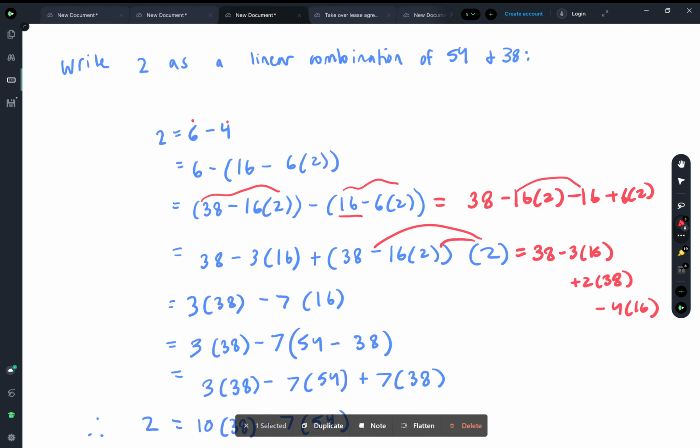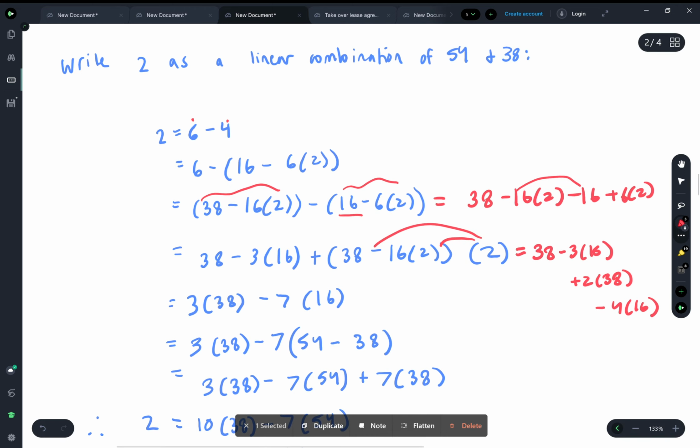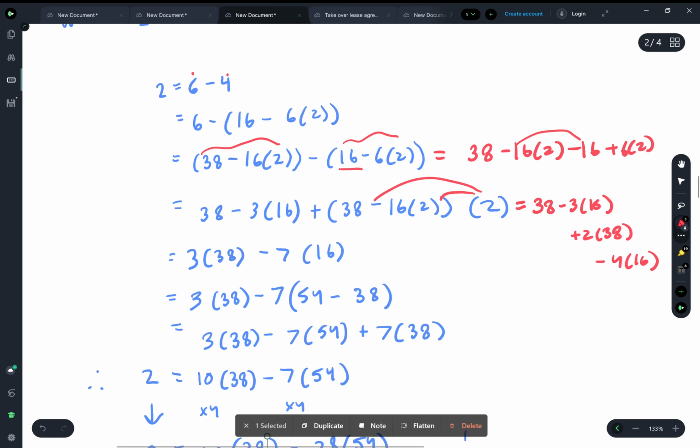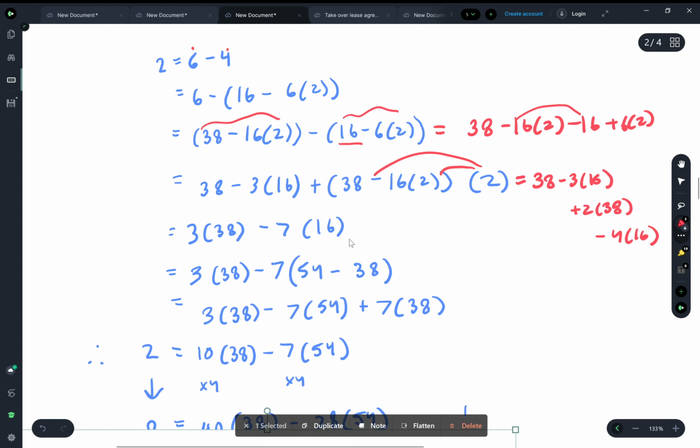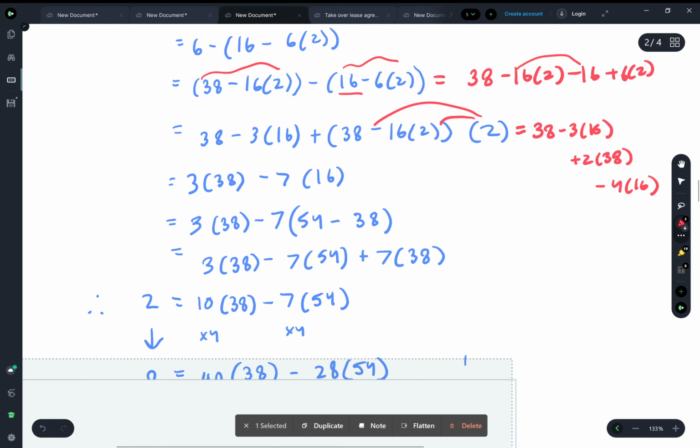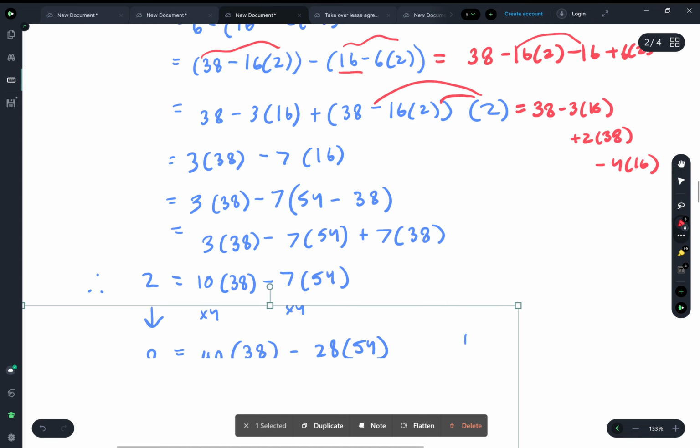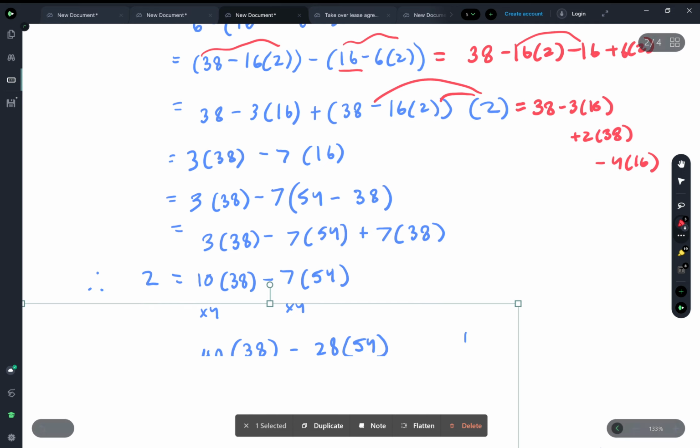So we can rewrite this as 2 equals 10 times 38 minus 7 times 54, because we added the 3 and the 7 to get the 10. So this is our linear combination of 2 in terms of 38 and 54.